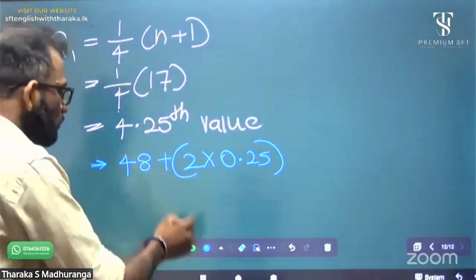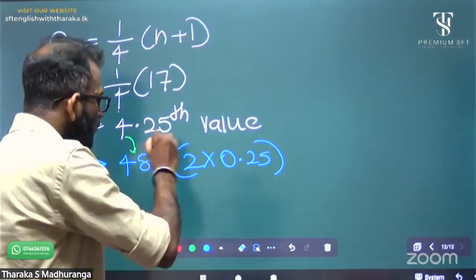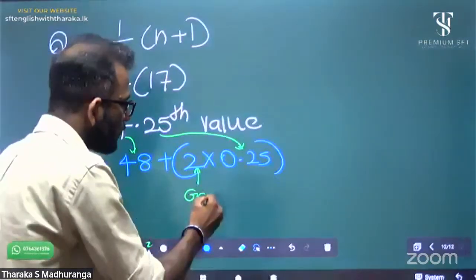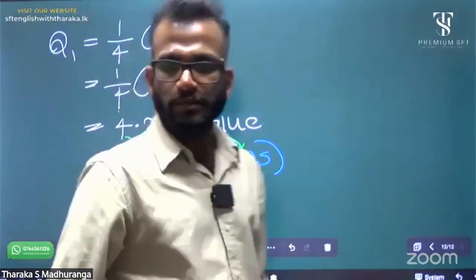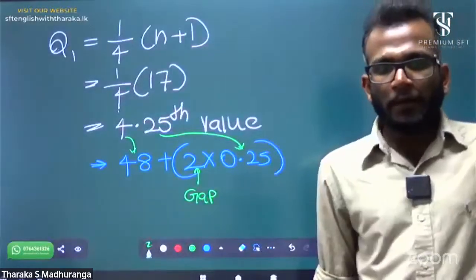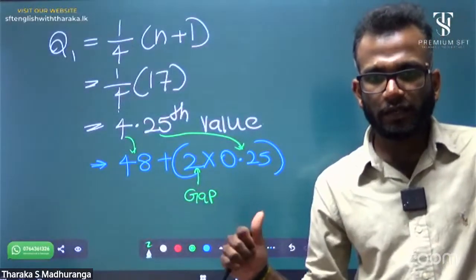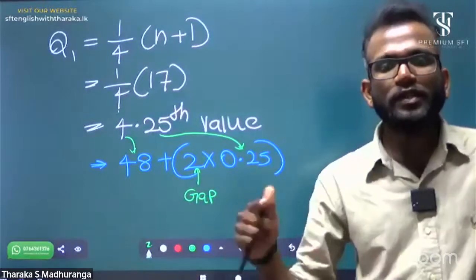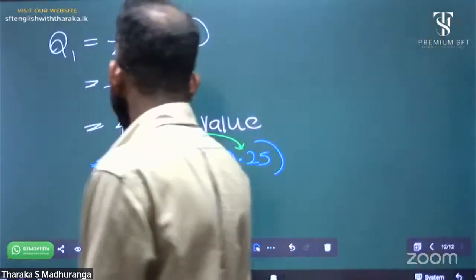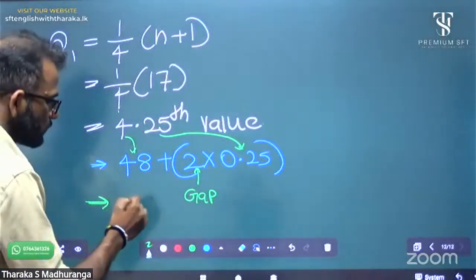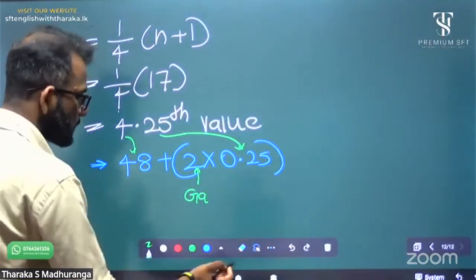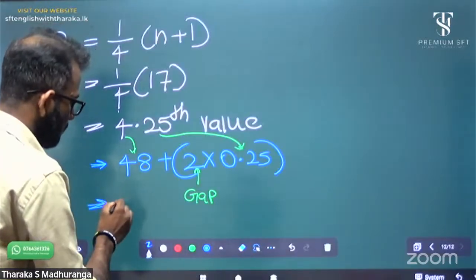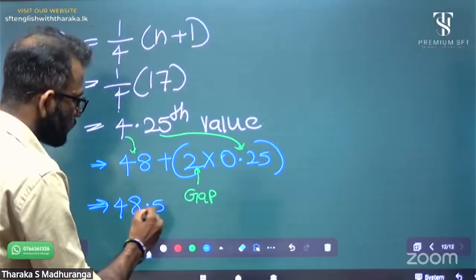You multiply the gap by 0.25. Understood? Then 48.5 is the answer. Did you understand?